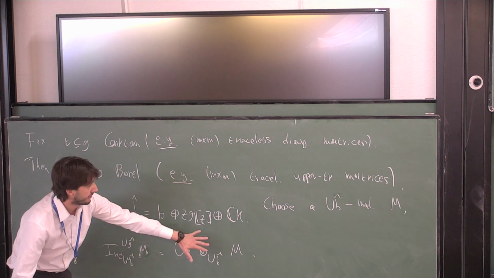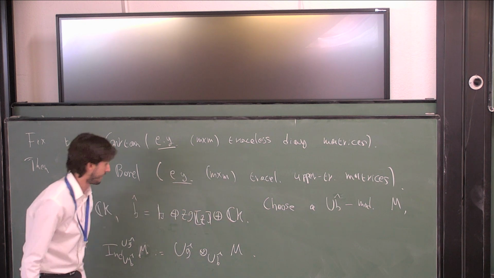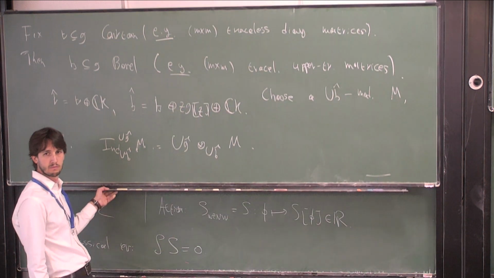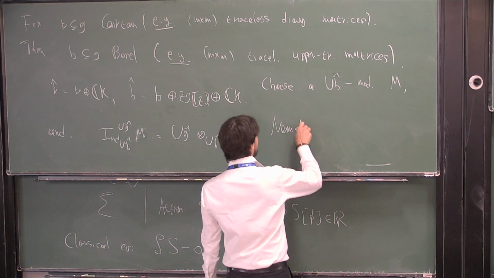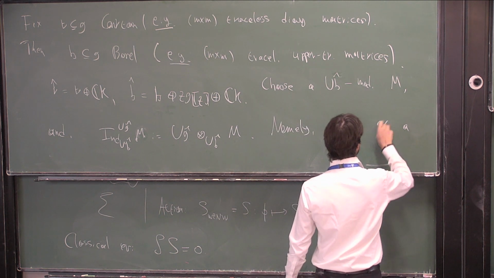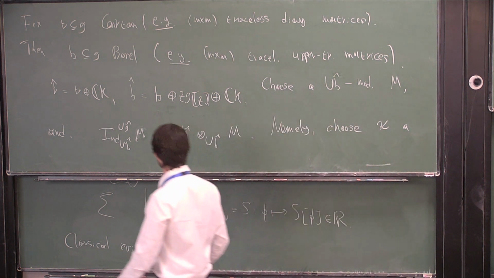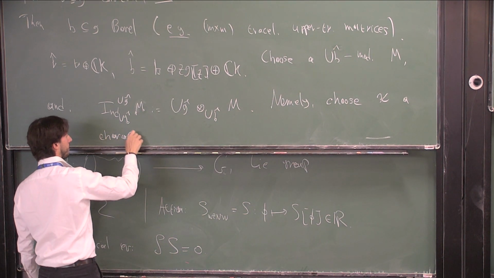So now, as I said, it's not just any M, it's a very simple M. It's a one-dimensional module given by a character, okay? So more precisely, you choose chi, a character of B hat. Is it readable here?